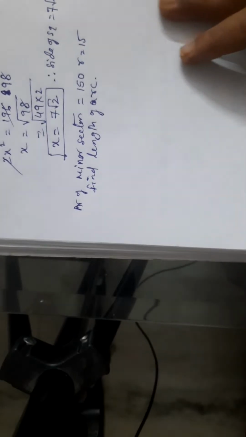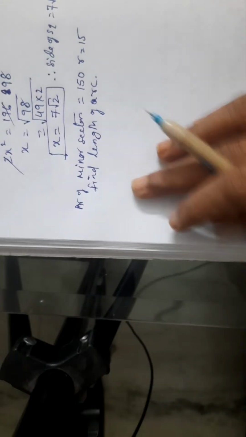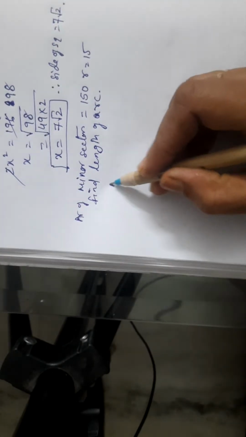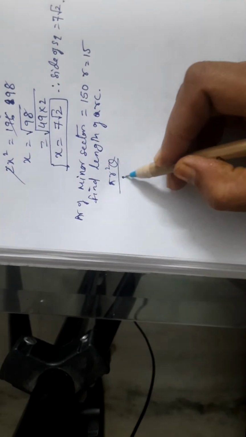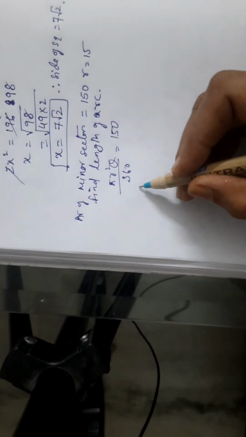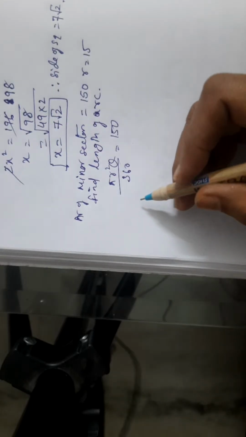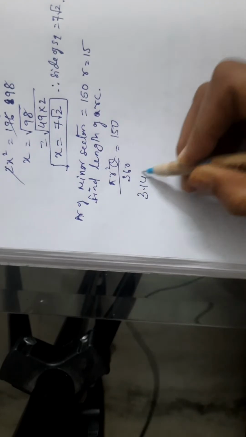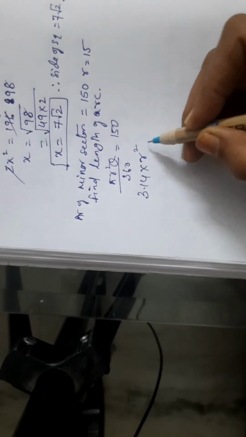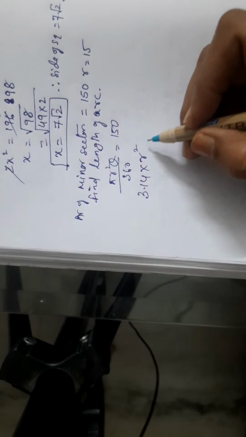So here a minor sector is given. The sector formula pi r square theta by 360 is given as 150. Pi is 3.14, r square, and here theta is not given. We need to calculate theta.